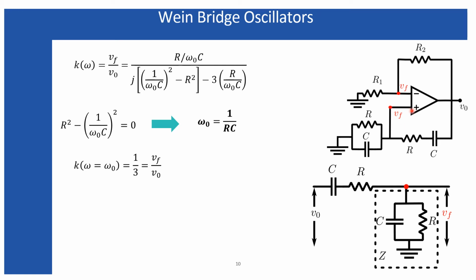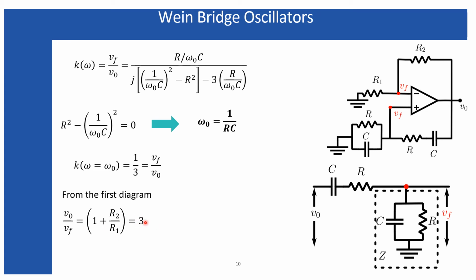Then the gain for the non-inverting op amp is V naught by Vf, because Vf is the input voltage I am considering at present. So V naught divided by Vf is equal to 1 plus R2 by R1, and the ratio Vf to V naught I have obtained is 1 by 3.